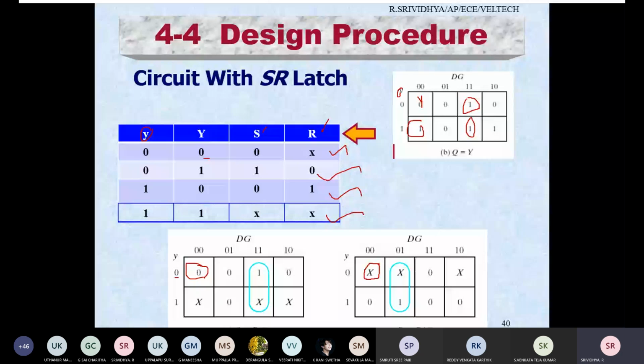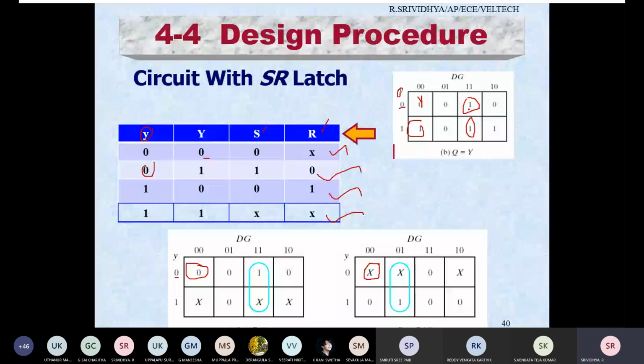Now the next combination. Small y is equal to 0 and capital Y is equal to 1. At that point, small y is 0 and capital Y is 1, in this position, so it should be 1 0. See here, 1 0.